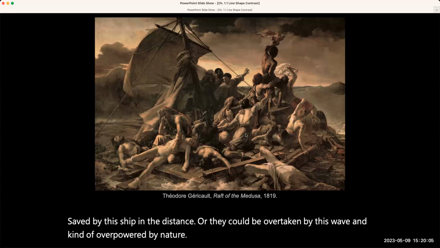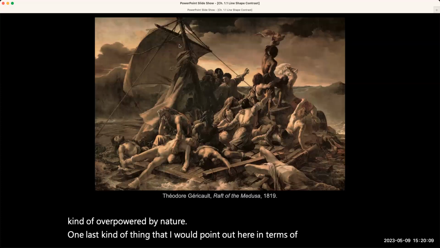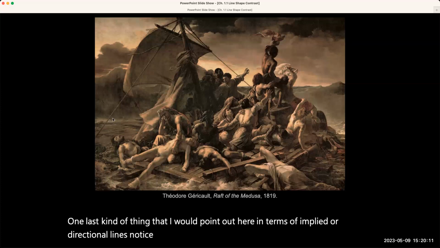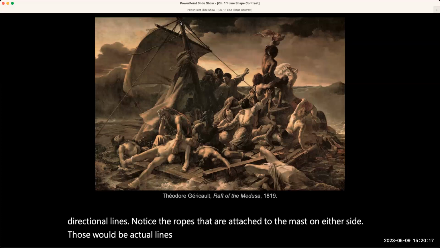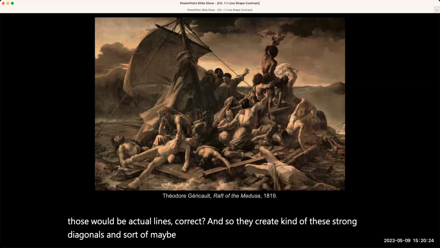One last kind of thing that I would point out here in terms of implied or directional lines, notice the ropes that are attached to the mast on either side. Those would be actual lines, correct? And so they create kind of these strong diagonals and sort of maybe a triangular shape if we connect those two diagonals.